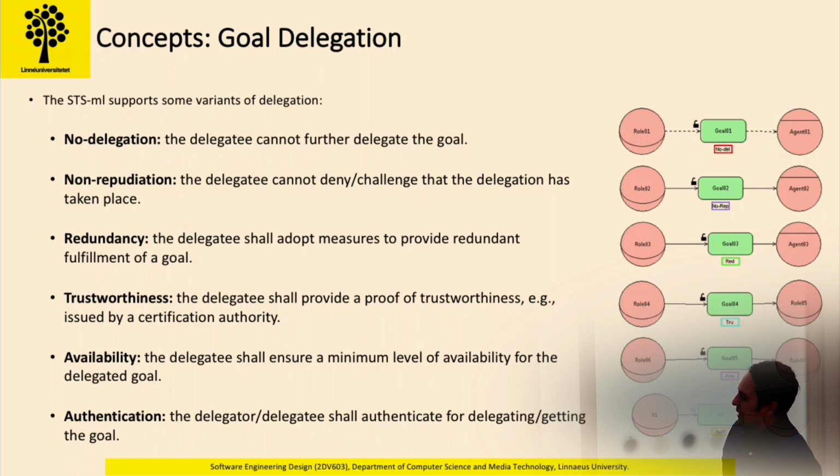Whatever information or goal role 1 is delegating to role 2 should be authenticated. This is a slight difference between trustworthiness and authentication. Trustworthiness is about the delegator, but authentication is about the goal or the information or document that we are transmitting or delegating.